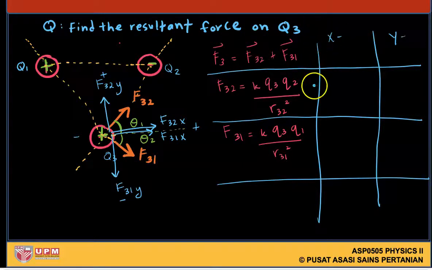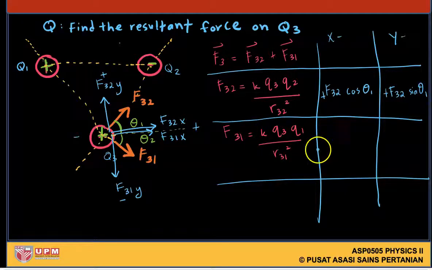So the F32x component should be F32 cosine theta 1, the angle between F32 and the x-axis, and the direction should be to the right, and this is positive. What about the y? The y is positive as well, F32 sine theta 1.